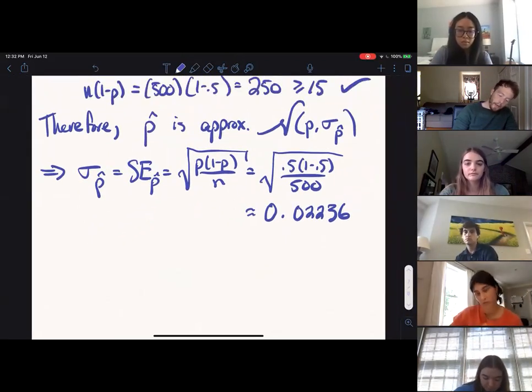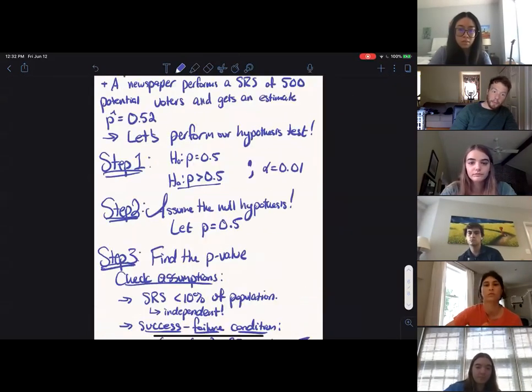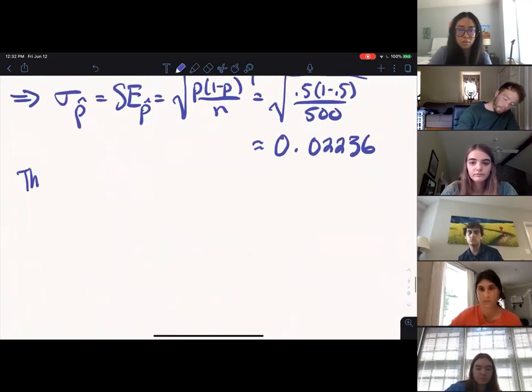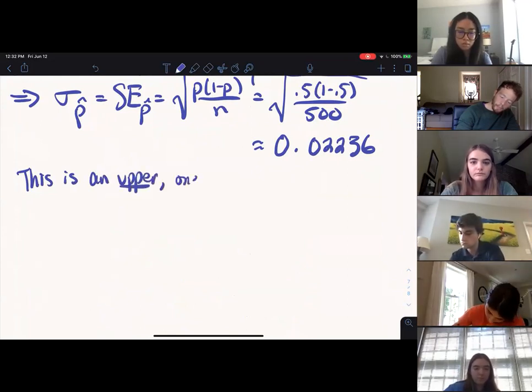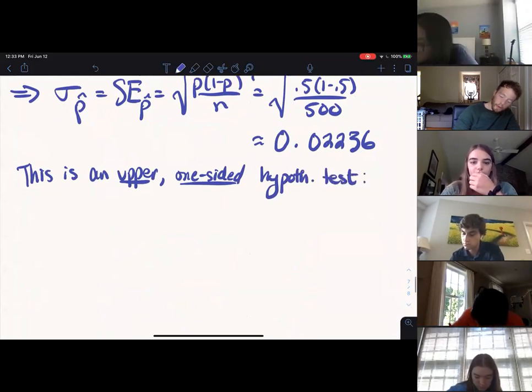What did we want to validate? We wanted to validate a one-sided upper hypothesis test, right? So this is an upper one-sided hypothesis test. So what's our picture?